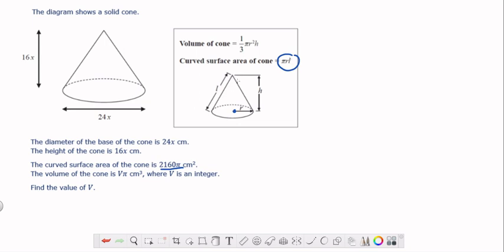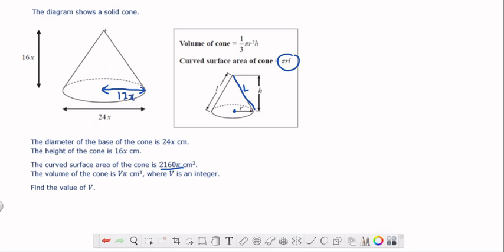You can see here the slanted height, whichever side you want to take. This one here, for example, that's the L. And obviously that's the vertical height. So if I just show you here, on this one, the radius is not 24x, half of 24x is 12x.